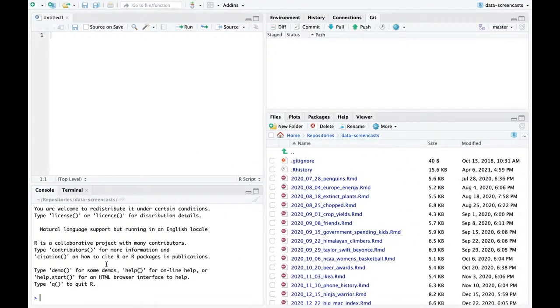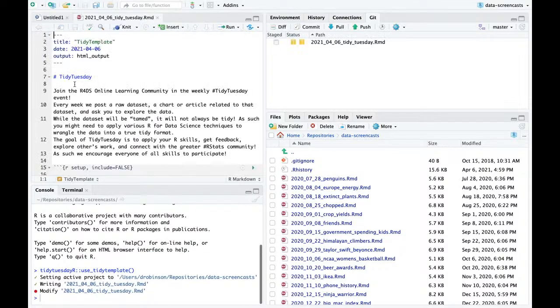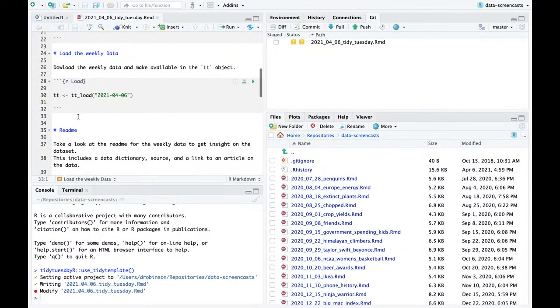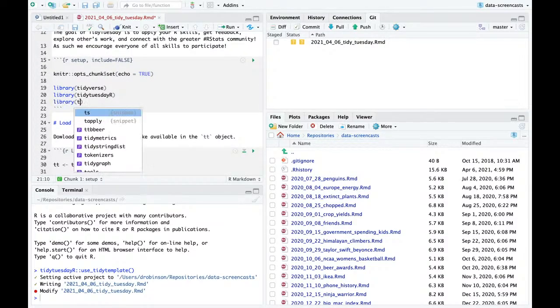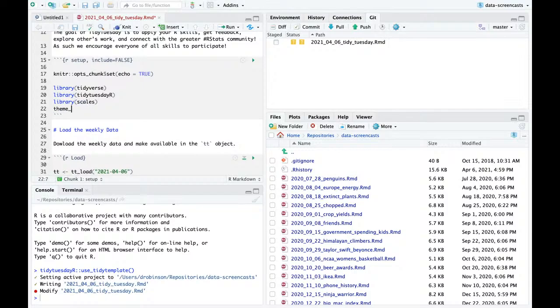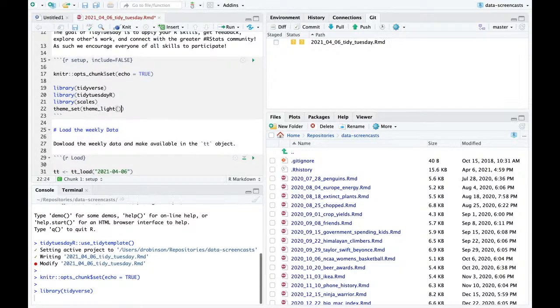So let's get started. What I would typically do is use the Tidy Tuesday R Tidy template, but I tend to skip all this. I do library scales and theme set theme light.